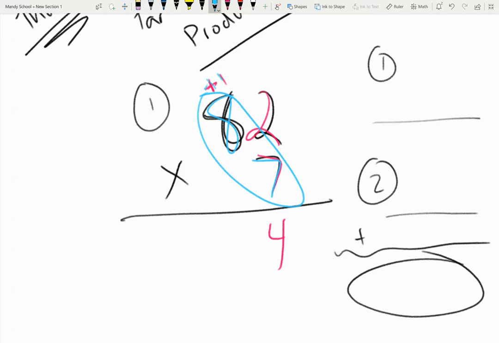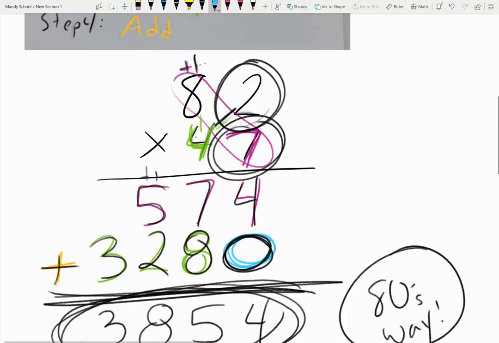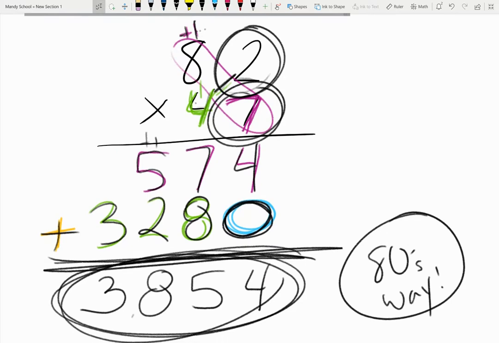So 8 times 7, which equals 56, plus 1 equals 57. So my first answer would be 574.